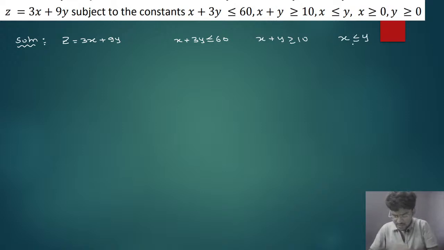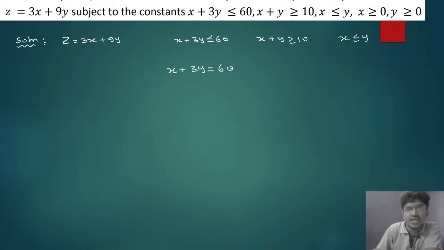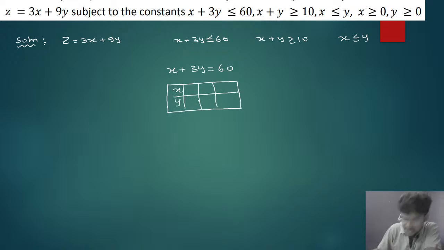In a simple way, I am going to tell you how to find the points on line 1, line 2 and line 3. See how to solve the first equation, x plus 3y equal to 60. To draw this, take x as 0.